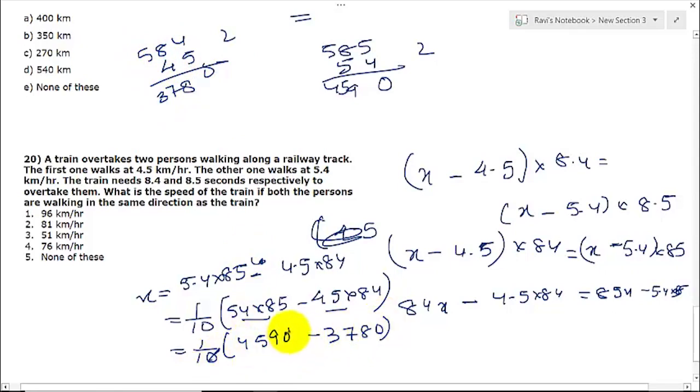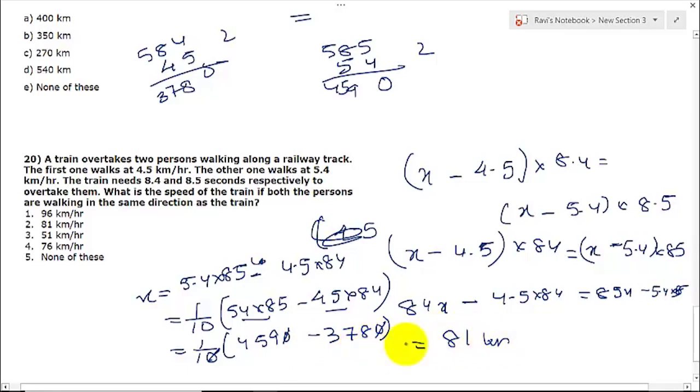Now we'll get rid of these zeros. Now what you will add? That will get the value of 459 minus 378, plus 1 will be 379, and the difference between that is how much? 370 minus 450 is how much? 80. So value will be 81.